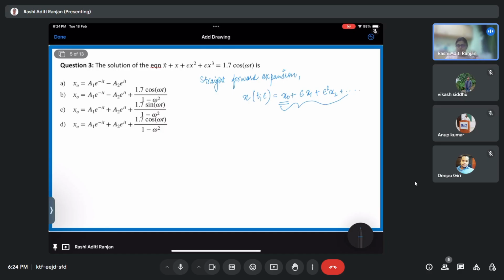Okay, so if we want to find out x naught, what are we going to do? We will just put this equation here. Okay, so if I put it, what am I going to get?